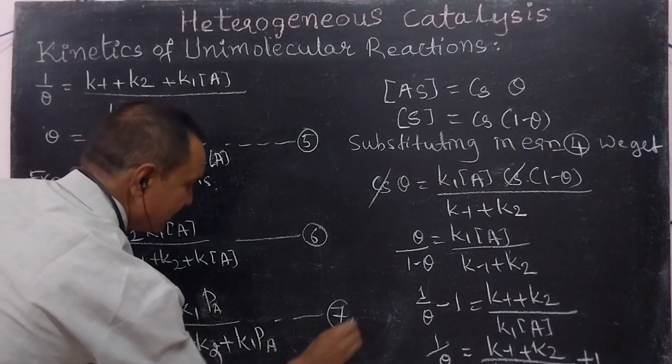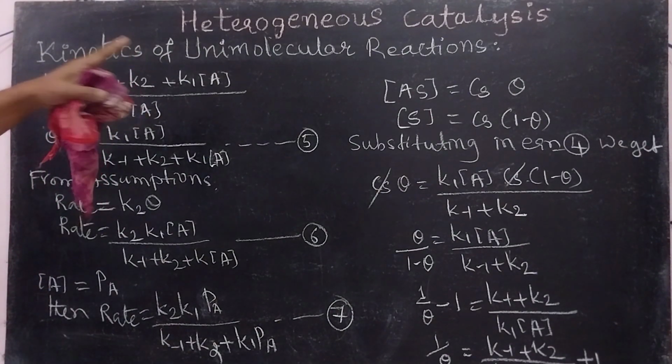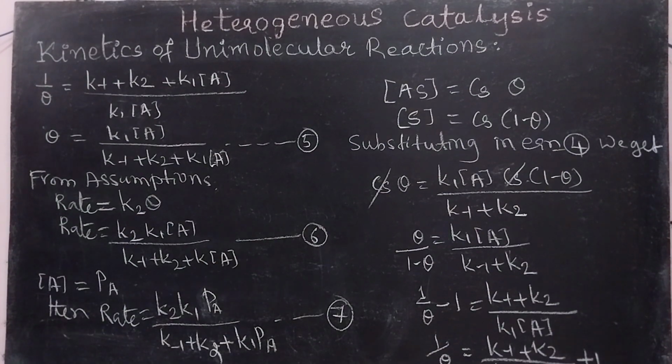This is equation 7. Equation 7 is the expression for the rate of unimolecular heterogeneous catalysis.